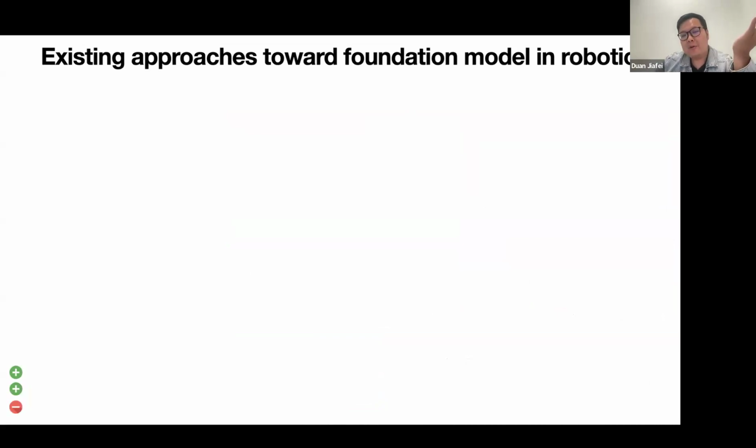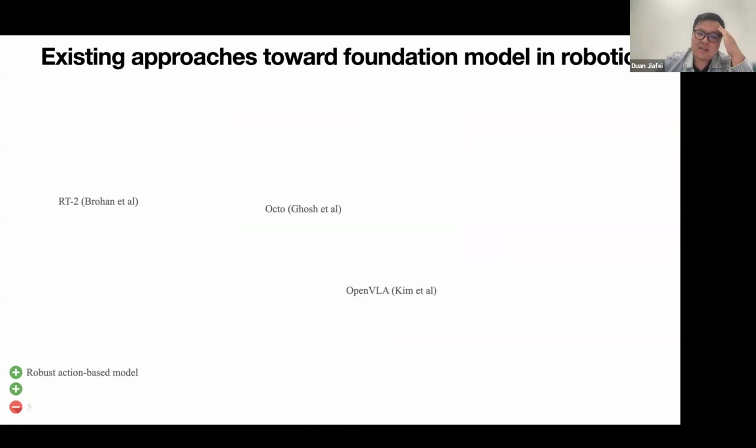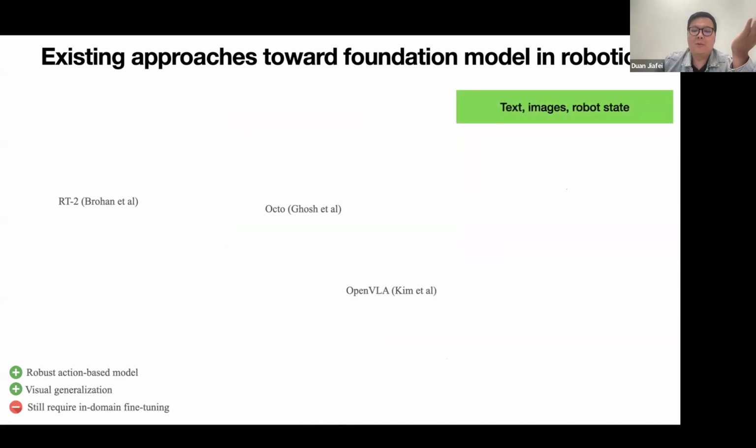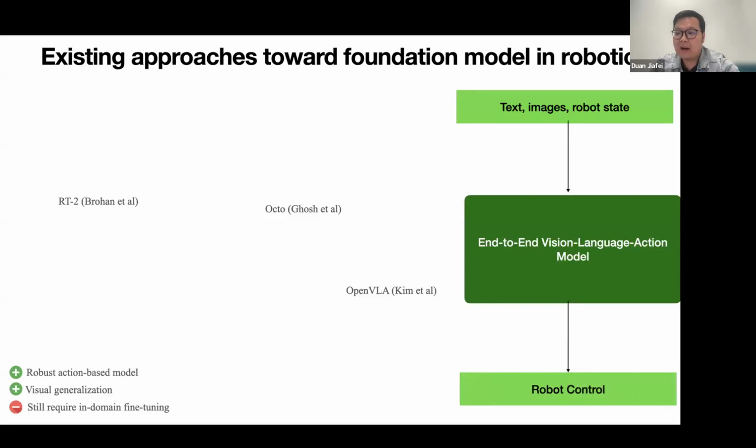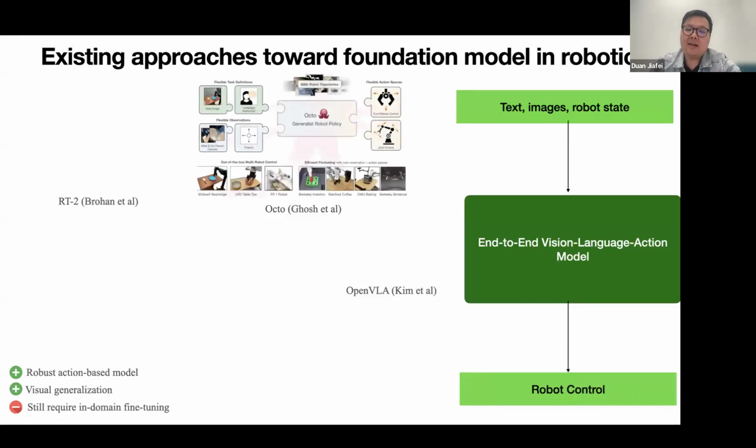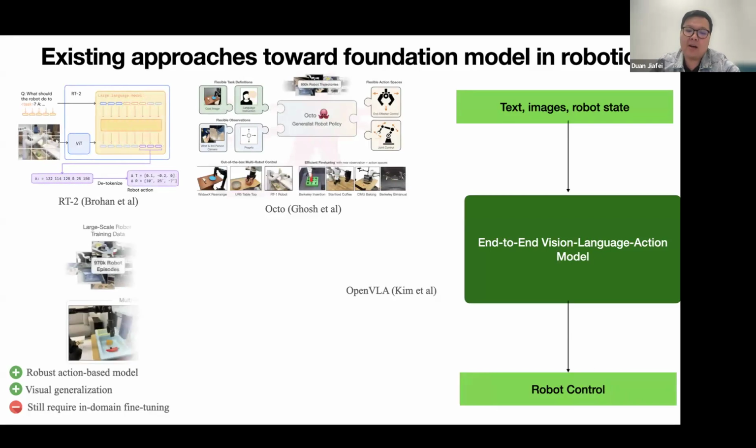Another approach where people try to leverage these foundation models for robotics is to do pre-training. So there is work such as RT-2, Octo, and OpenVLA, which try to combine this paradigm whereby the input is text, language, or robot state, and you train an end-to-end vision-language-action model, and the output will be direct robot control. So these are some of the action-based models that are currently out there.